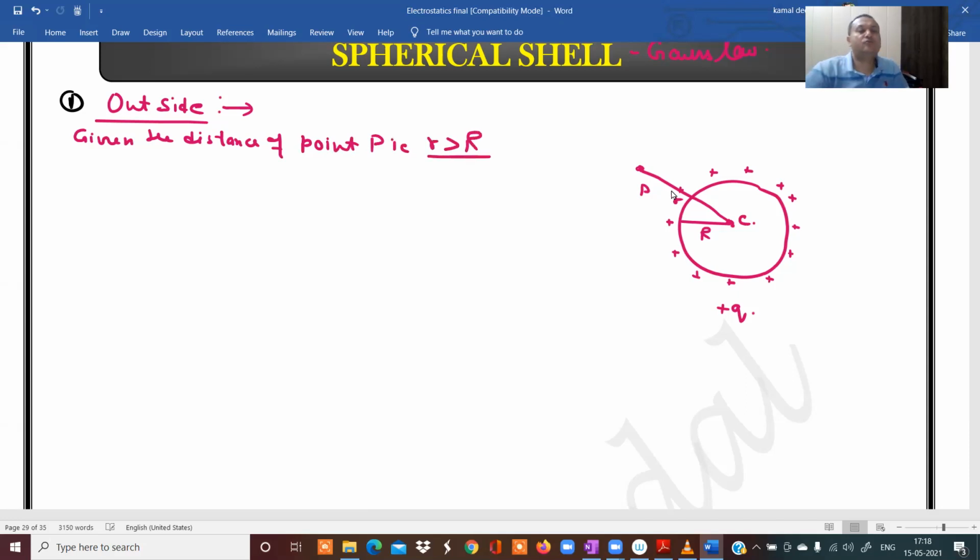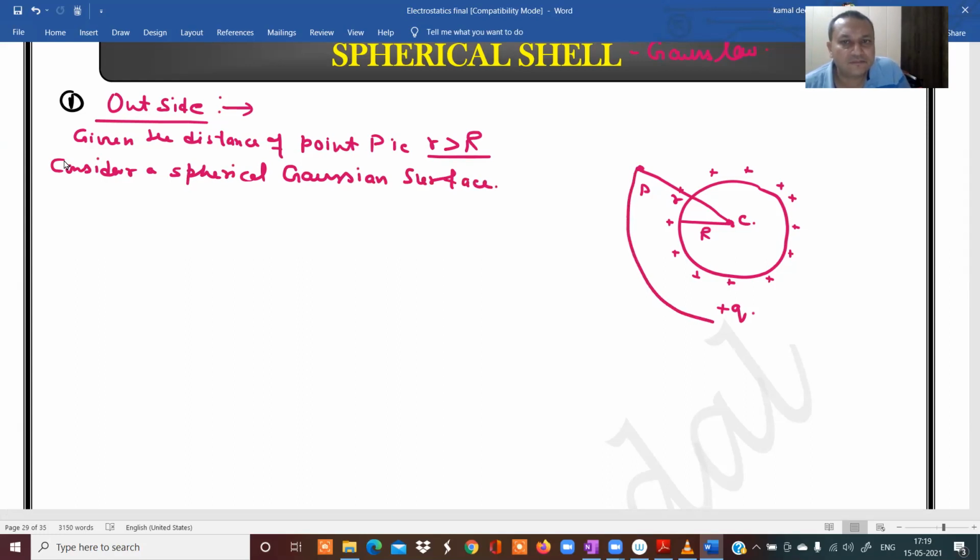It means you are outside the sphere, and now consider a spherical Gaussian surface like this.